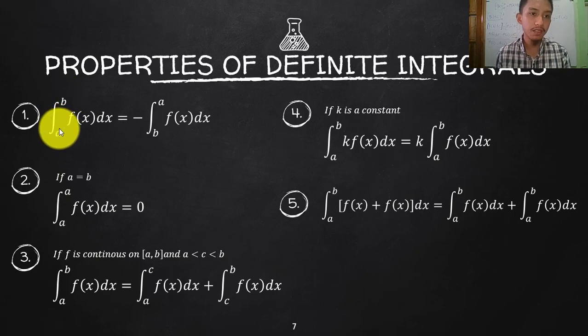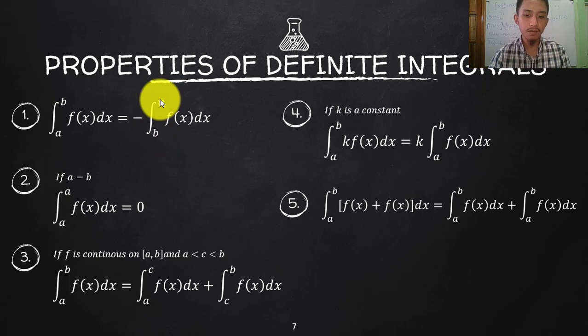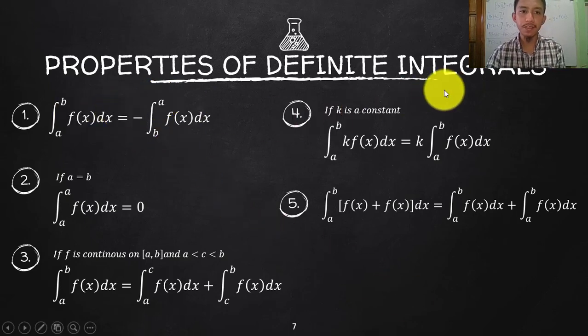You will expect that the value if you substitute x equals b is bigger than x equals a. But if you reverse the process, you are subtracting a bigger number from a smaller number. So that is your first property of definite integral.